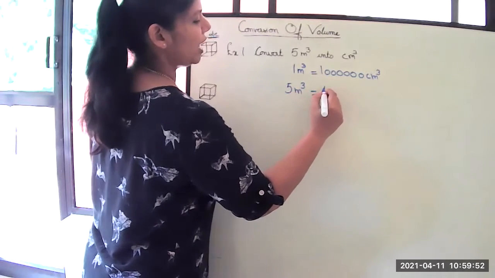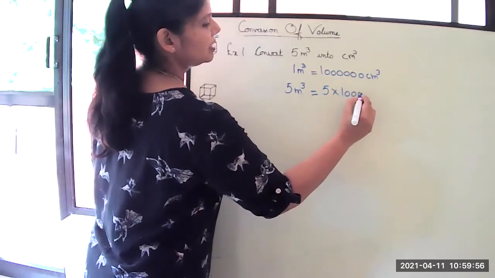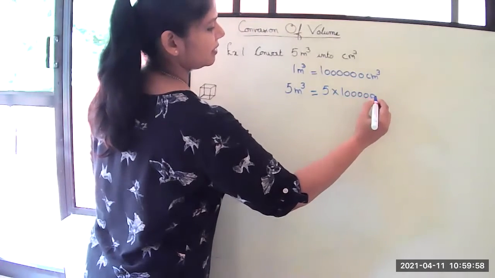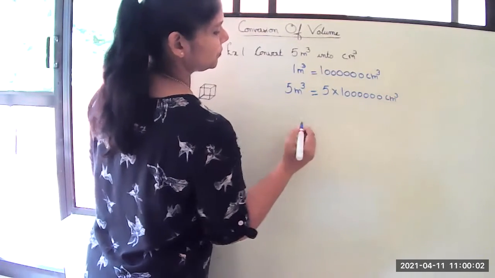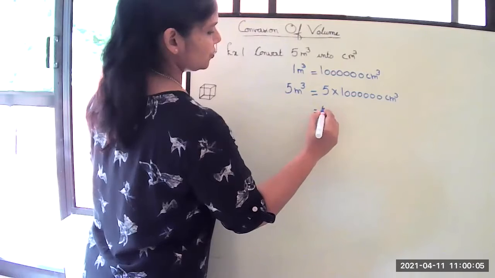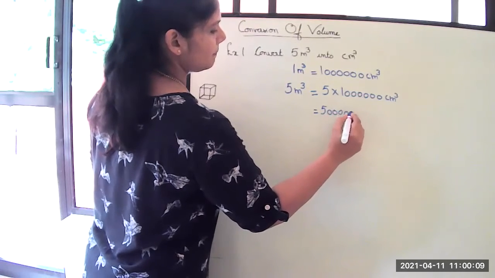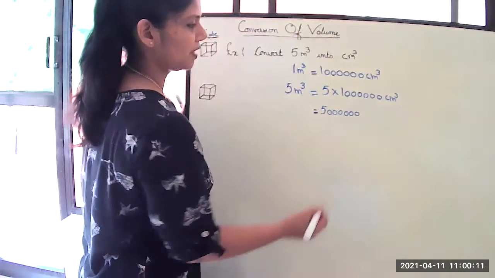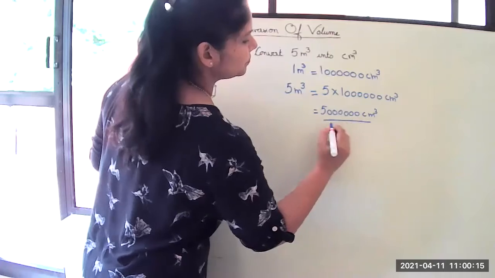Okay. So 5 multiplied by 10 lakh centimeter cube. That is equal to 5 and 6 zeros centimeter cube.